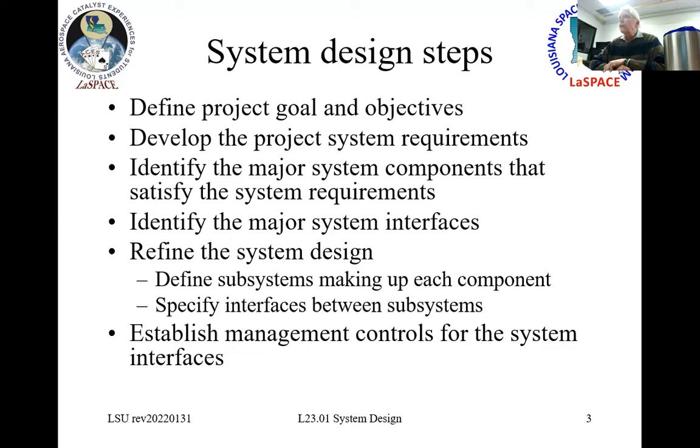Once you do that, now you'll do a refining of that subsystem of that system. You'll start defining the subsystems that make up. So your power subsystem will have individual pieces with it, voltage regulators, batteries, other kinds of things. And again, your specific interfaces between.